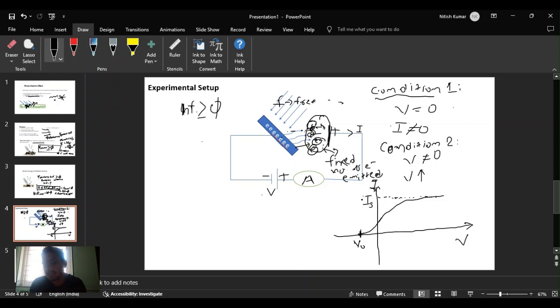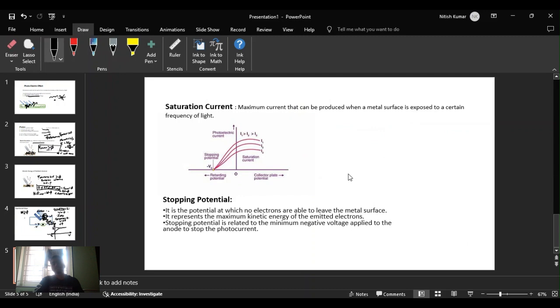We can change the saturation current by changing the intensity of light. So let's look at the definitions of two things. Saturation current is the maximum current that can be produced when a metal surface is exposed to a certain frequency of light. We can see this in this diagram.